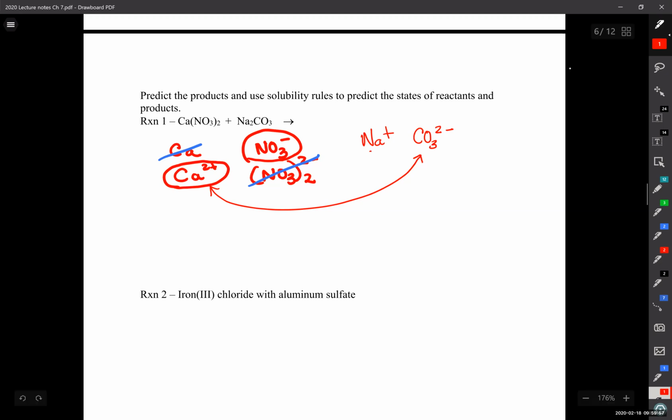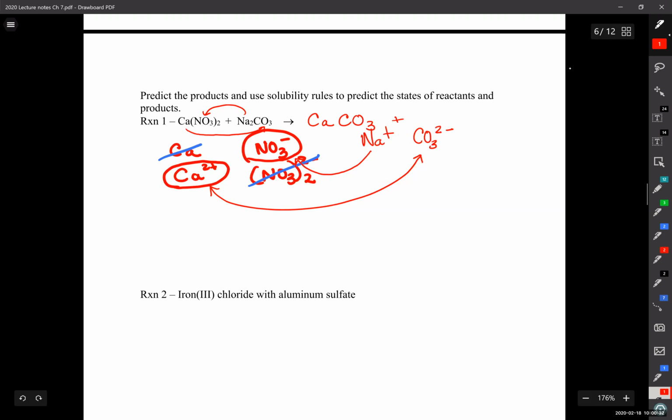The sodium will go with the nitrate. So you're going to take this one, put it with that one, and this one with that one. So you're doing the insides and the outsides. And when you write the formula, the metal ion always goes first. So I'm going to write Ca, and then 2 plus and 2 minus, so it's just CO3, right?